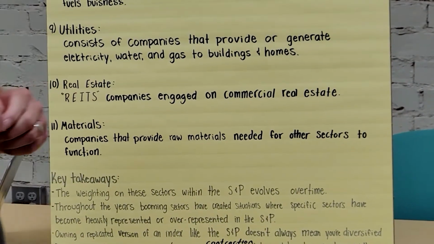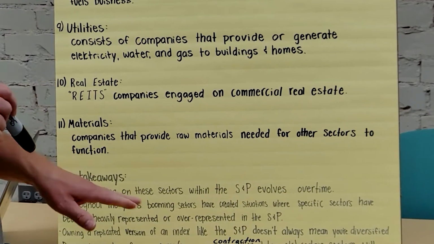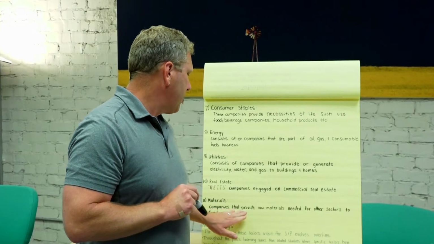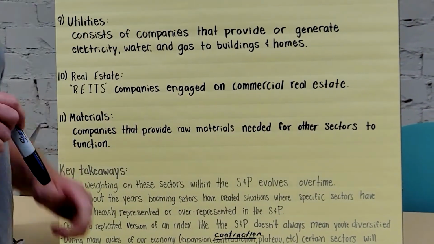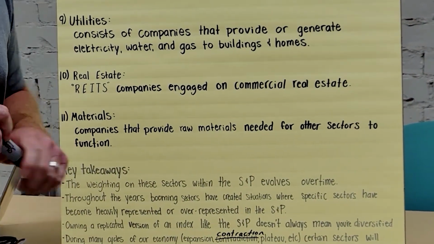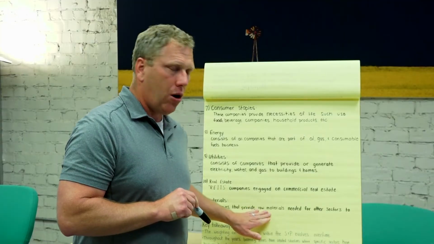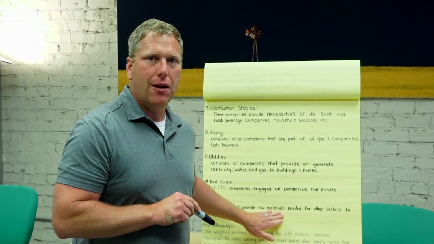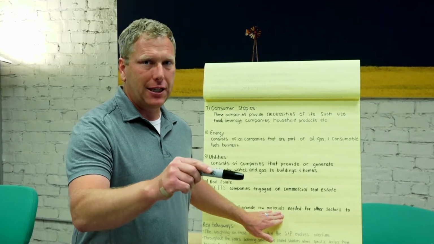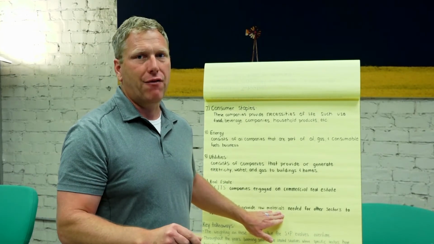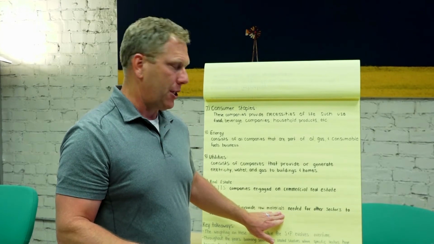Last but not least is materials. And materials are those companies that provide raw materials needed for other sectors to function. So they are producing the raw earth type materials that we need, but mostly manufacturing and industrial companies need to manufacture the goods that we're purchasing.